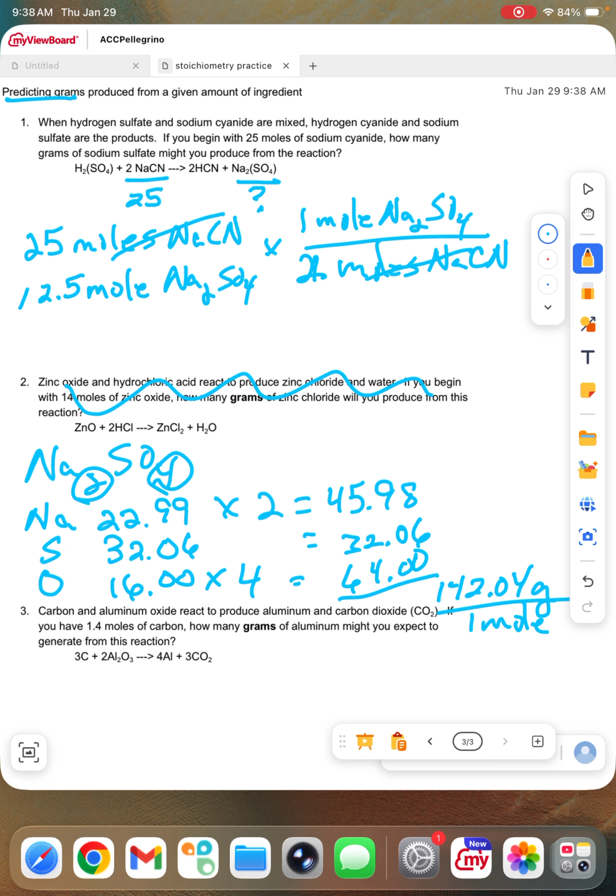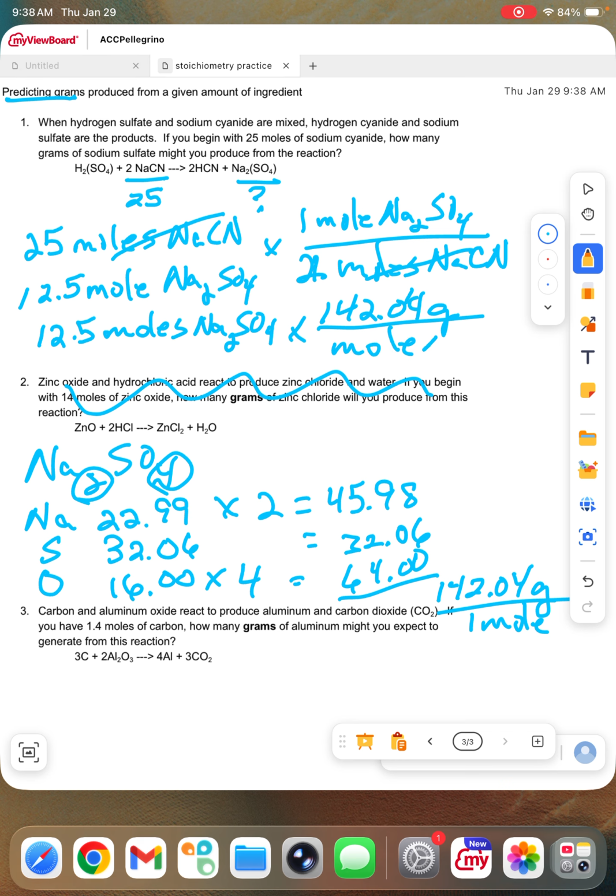of sodium sulfate. So up here we have 12.5 moles of sodium sulfate. We're going to multiply that by 142.04 grams, that's a 4, sorry, in each mole of sodium sulfate.